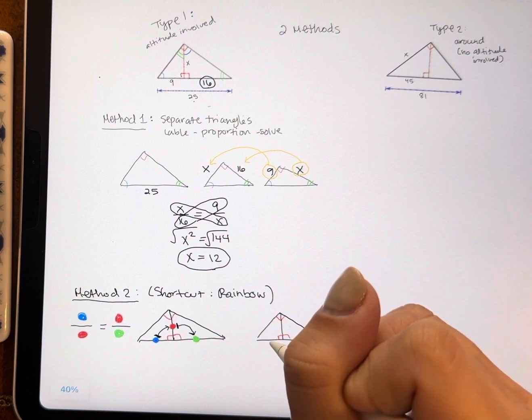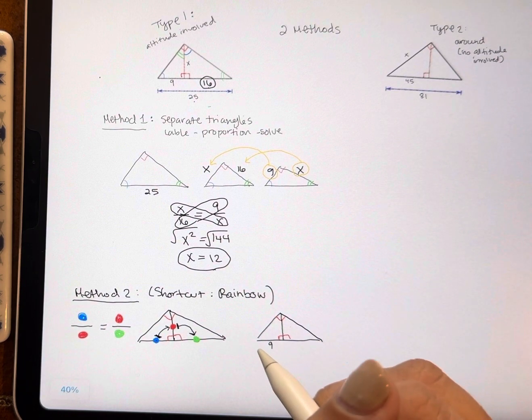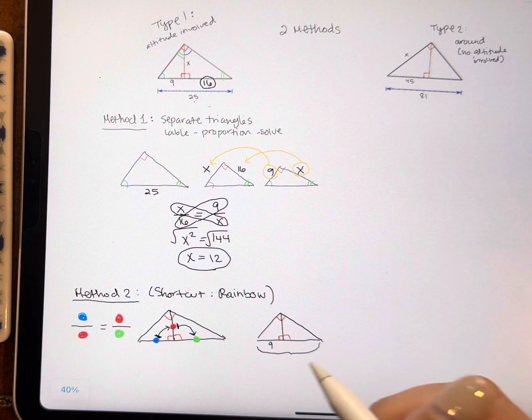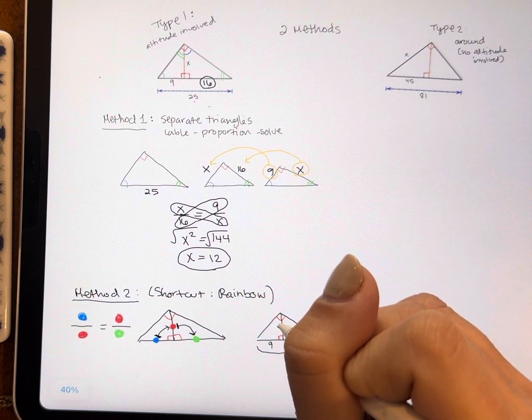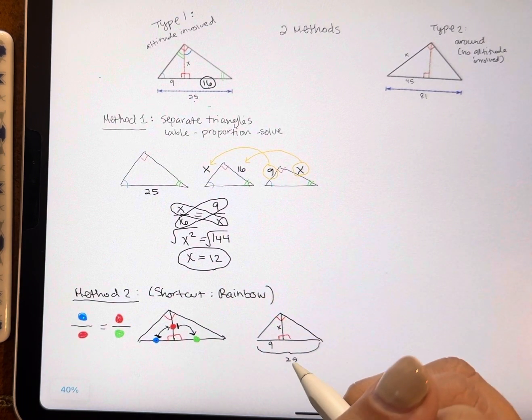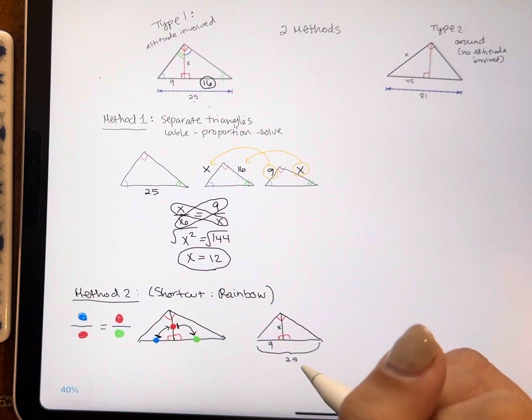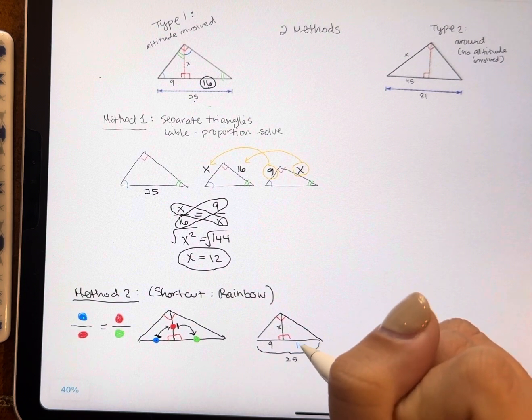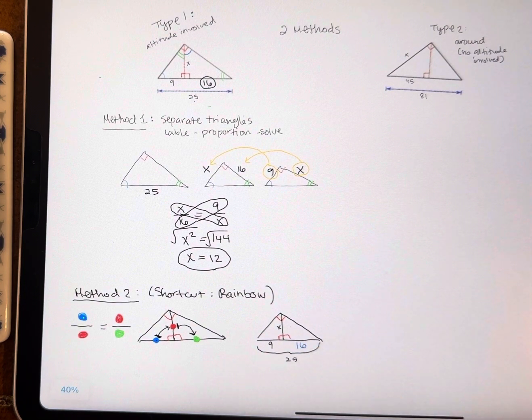and then they gave me 9, they gave me 25, and they gave me x. I'll do 25 minus 9 to get 16 here, and then I will do the rainbow, all right?